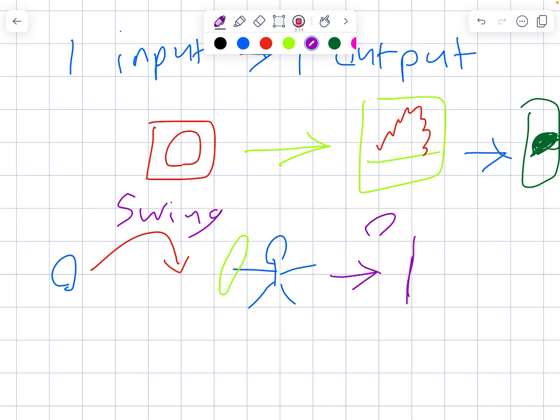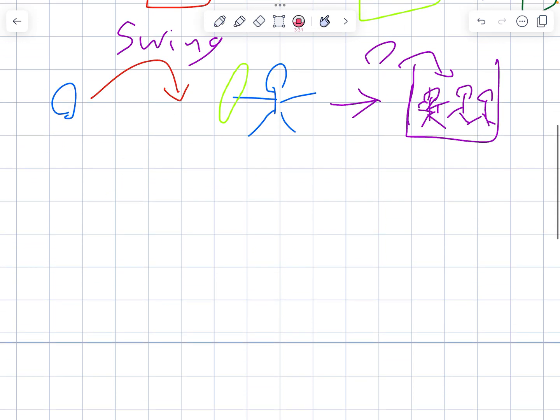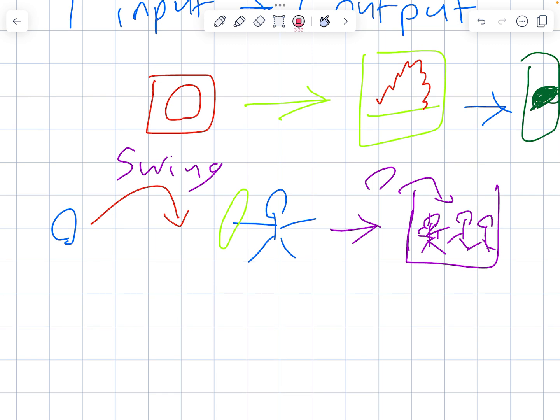Let's put it into the stands. Yay. These are my people in the stands waiting for the home run. So these are more abstract examples, but you'll see that we're putting an object or a number into a machine that's going to transform our input into an output.